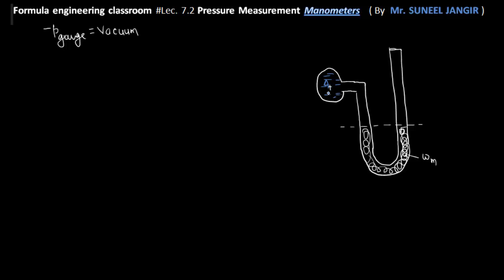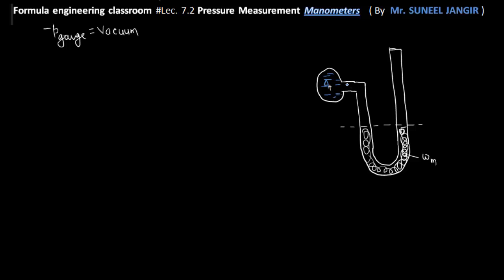Here the pressure is atmospheric, so obviously this pressure is higher, and at this point the pressure is less than atmospheric, that is negative gauge or vacuum. In that case, the level of the manometric fluid goes down in the right limb and goes up in the left limb.